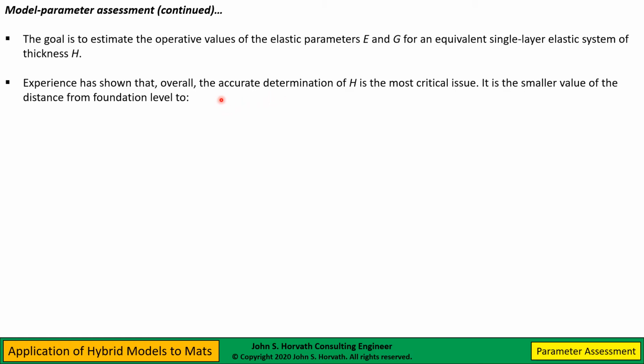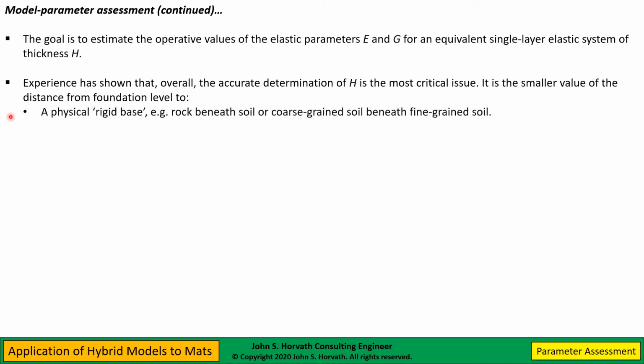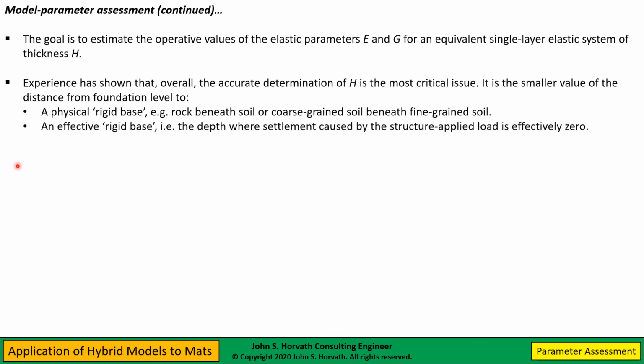And certainly for a mat foundation problem, it would be the smaller value of the distance to a real physical rigid base, quote unquote. This would be, say, rock beneath soil, or perhaps coarse grained soil beneath fine grained soil, or the depth to an effective rigid base where the settlement caused by the structure applied load is effectively zero.